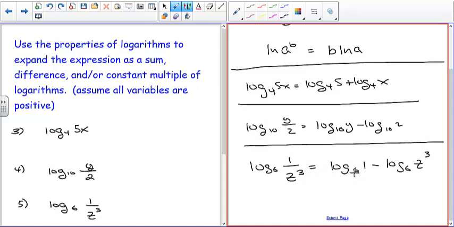But the log to any base of 1 is 0, so that just becomes 0. And then we can use this rule here: the log of a to the b is b times the log of a. So the exponent, 3, comes out front. So you get that result.